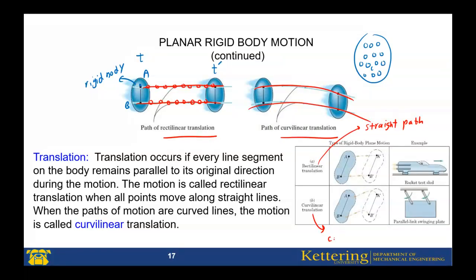These are moving along a curved path. We'll see A is moving here, B also is moving here. These are parallel. This moving here, this moving here. These are parallel. Okay, move to the next slide.